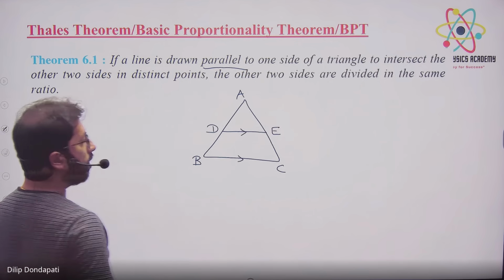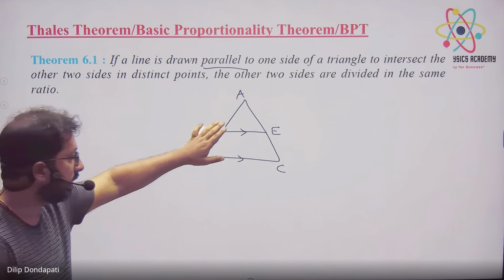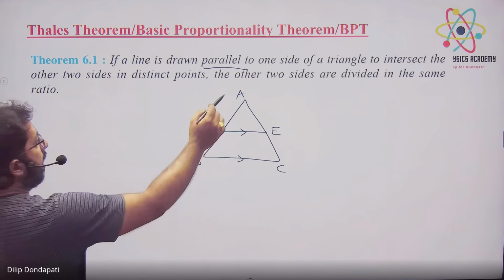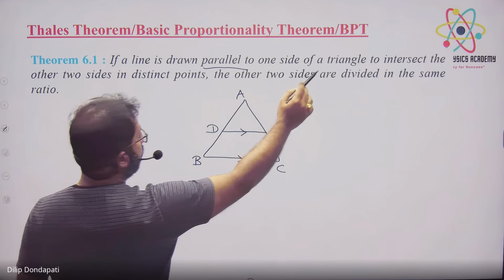Parallel to one side of the triangle to intersect the other two sides in distinct points. See, it is intersecting the other 2 sides at different points, D and E. In that condition, the other two sides, at the touching points, are divided in the same ratio.